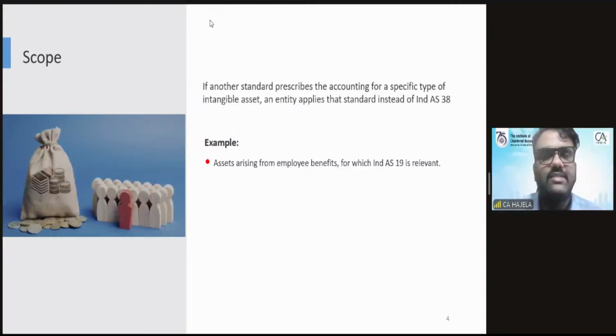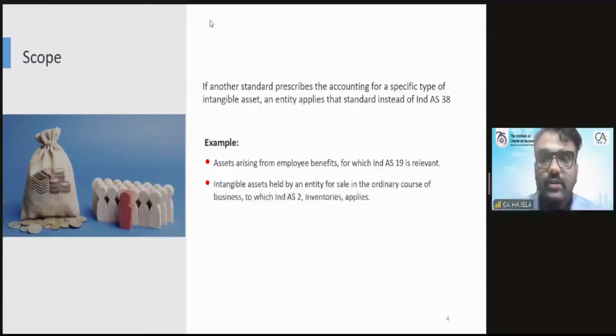That is what an asset is, a very simple definition, not a bookish definition. So an intangible asset is something which is not physical in nature. We cannot touch it, but of course, its existence is going to give economic benefits to the company for upcoming years, right? So intangible assets which are held by an entity in the ordinary course of business.